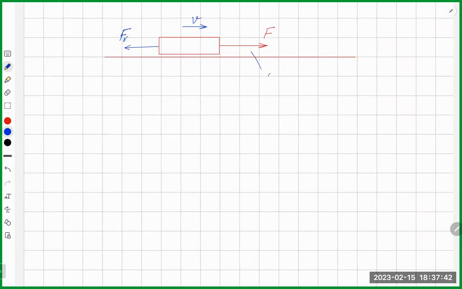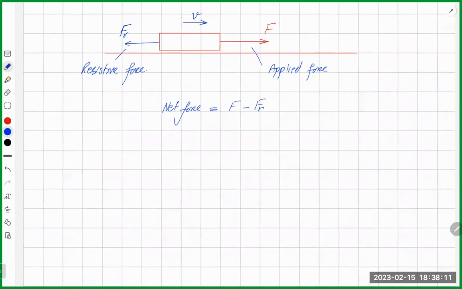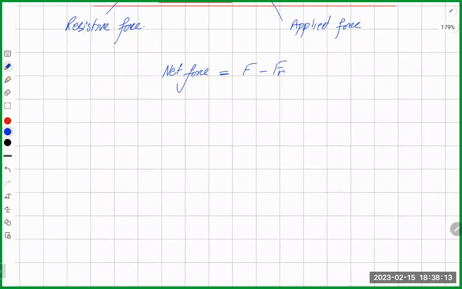This is applied force. This is resistive force. Resistive force is the one that opposes the motion of an object. Then net force will be applied force minus resistive force. F minus Fr is the net force.